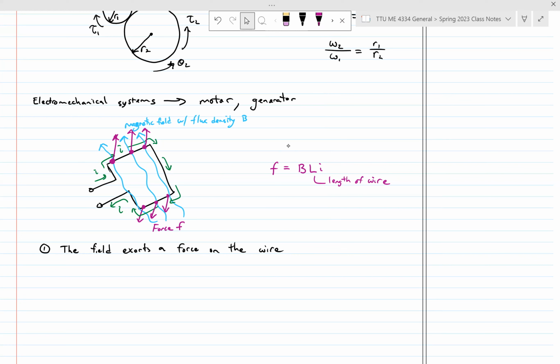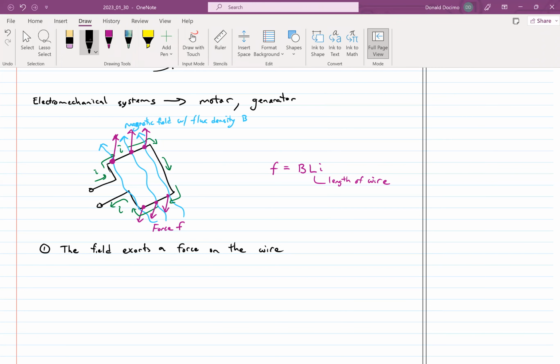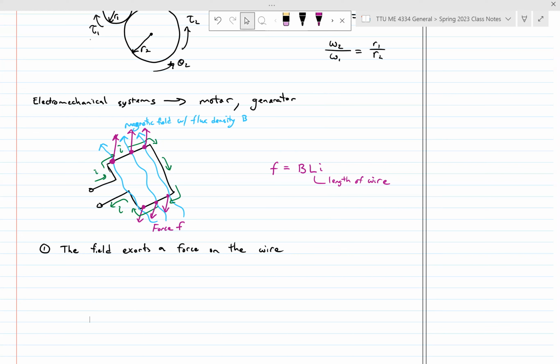That is the basic operation for how motors work. We have that electrical power, that voltage applied over here that was generating that current, and that is being converted into rotational power, mechanical power.